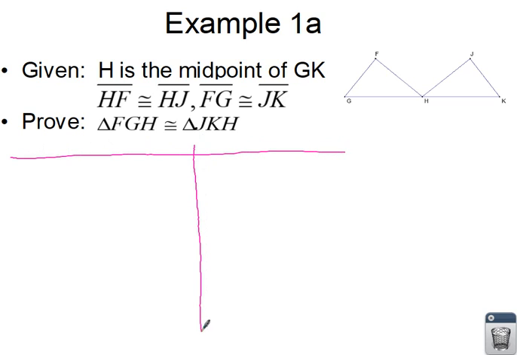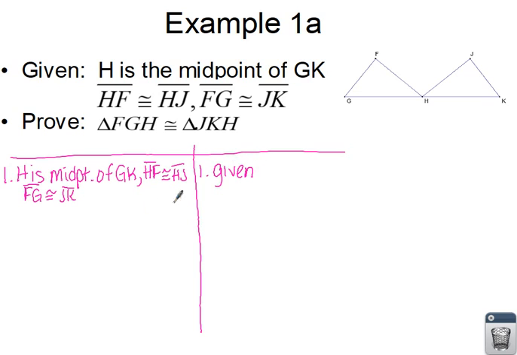You can already see this one's got a little bit different information in it. So we're going to copy the givens. H is the midpoint, there's how you abbreviate midpoint if you need it, of GK. And then we've got HF is congruent to HJ, and FG is congruent to JK.